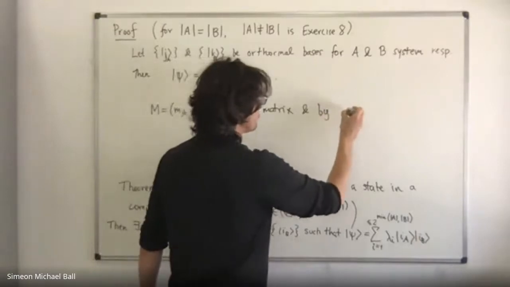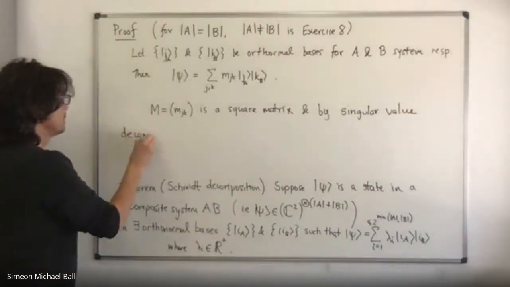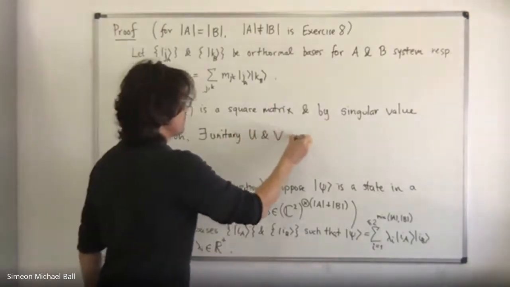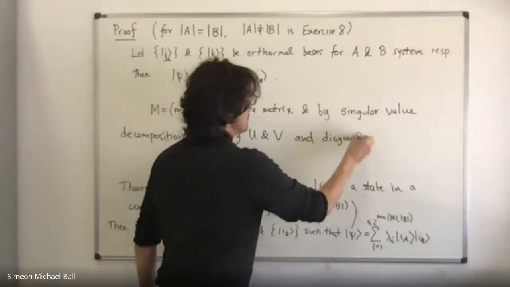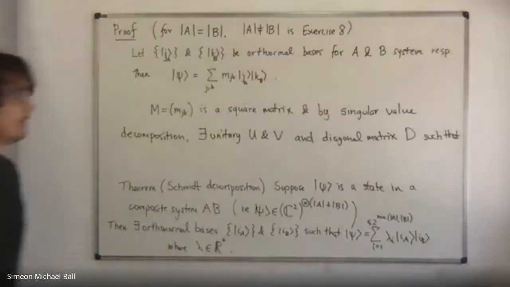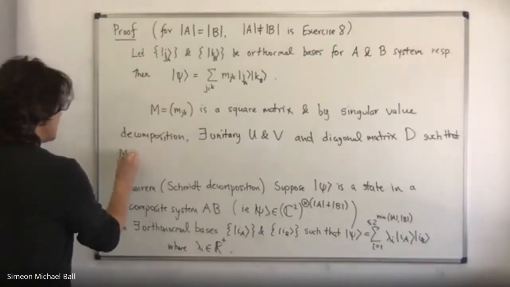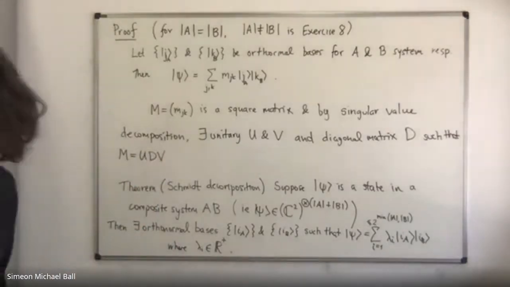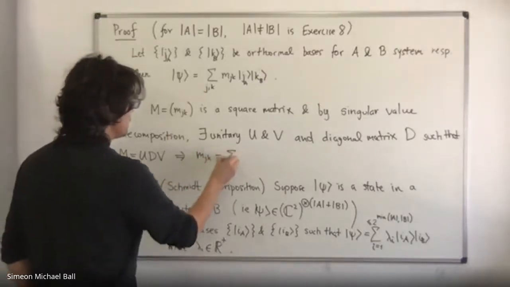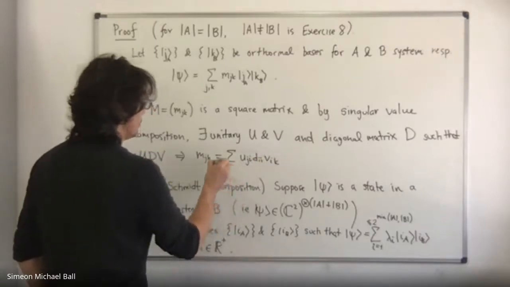And by singular value decomposition, we saw that this M we could write as U, D, V. So this implies that M_jk is the sum of U_ji d_ii V_ik, where this sum is over i.